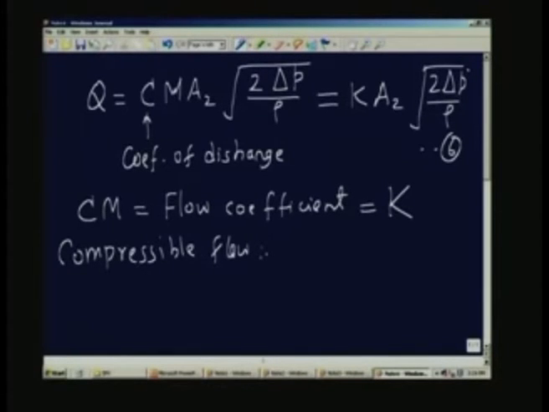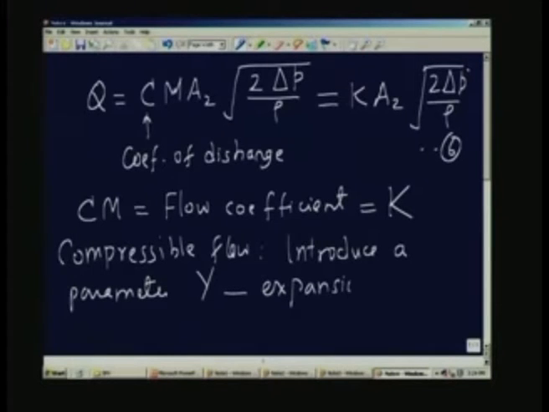In that case, we will introduce another parameter called Y, which is called the expansion factor, so that equation 6 can be rewritten with a factor Y here. I am just going to put the value of Y there, and I will also put the Y here.